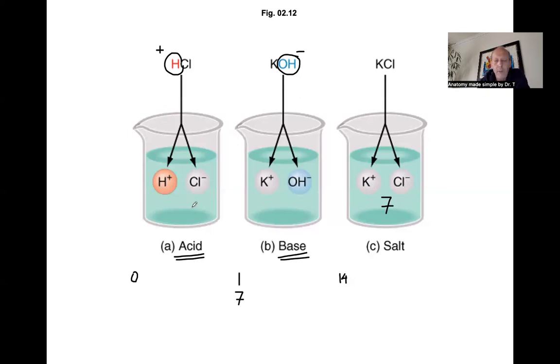But in the other two examples, we're going to see an increased number of hydrogen ions. So acidity will go from 7 downward towards 0 as the acidity levels are increasing. So the lower the number, the stronger the acid. For bases, we go from 7 up to 14, and we would say that the higher the number, the more the alkalinity of a solution is increasing.